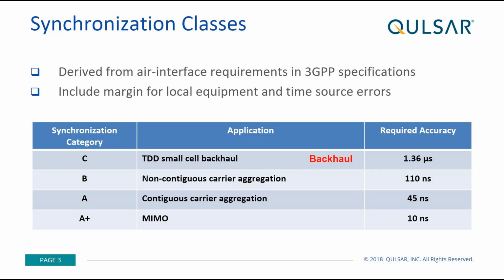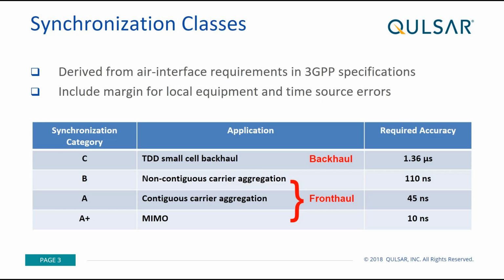Then the other requirements we see here relate to the fronthaul portion of the network. So this is the portion between the baseband processing and the actual radio head. The requirement here depends on the particular application. If carrier aggregation is being used, where multiple carriers are used to increase overall bandwidth, then we have a requirement here of either 110 nanoseconds or 45 nanoseconds, depending on the exact nature of that, in particular whether the carriers are on adjacent frequencies or not.